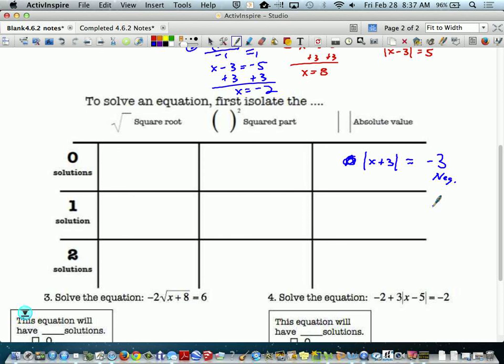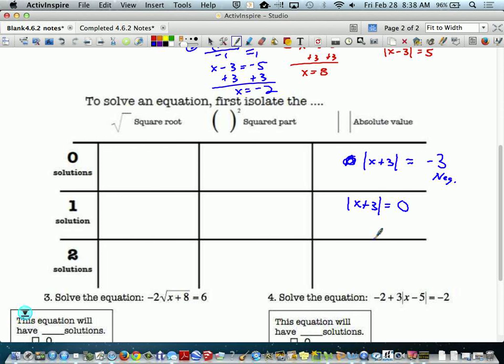Does anybody know when you're going to have only 1 solution? When your absolute value is isolated, all by itself, and it's equal to 0, then you're only going to have 1 solution.